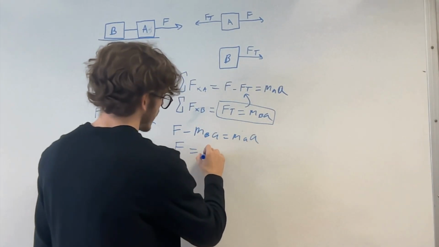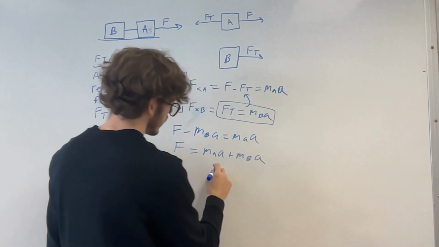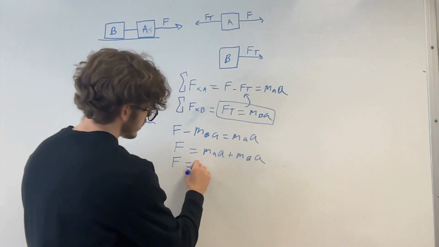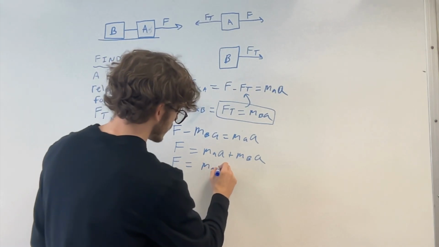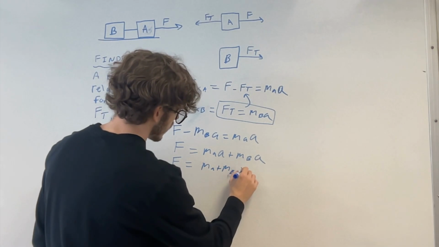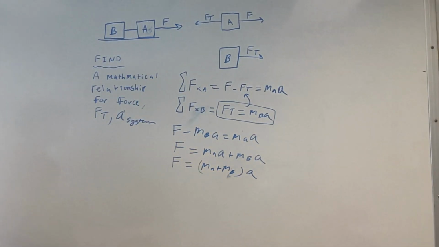Added over, we get mass of A times acceleration plus mass of B times acceleration, right? And then the overall force is equal to, and remember we factored out the mass of A plus mass of B times acceleration, right? Remember that distributive relationship that we can do.